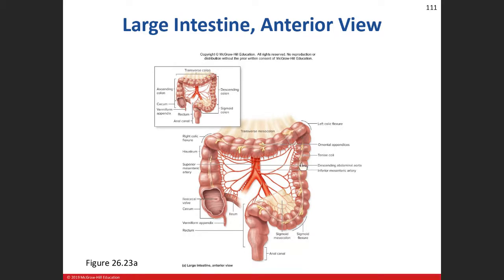Transverse colon, intraperitoneal. Descending colon, again, retroperitoneal. Sigmoid colon coming in, intraperitoneal. And then we have our rectum, another retroperitoneal structure, where we have the formation of the feces, just waiting for the expulsion, or elimination, through the anal canal.